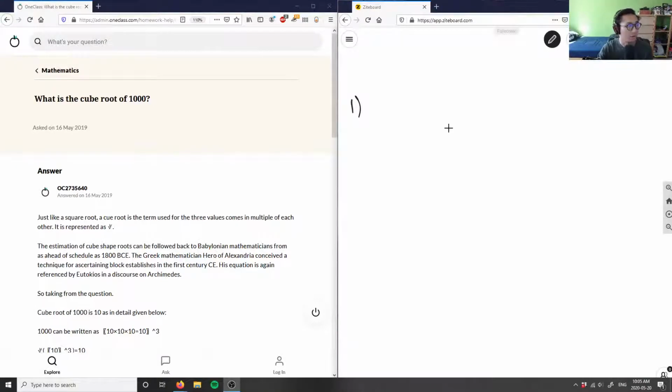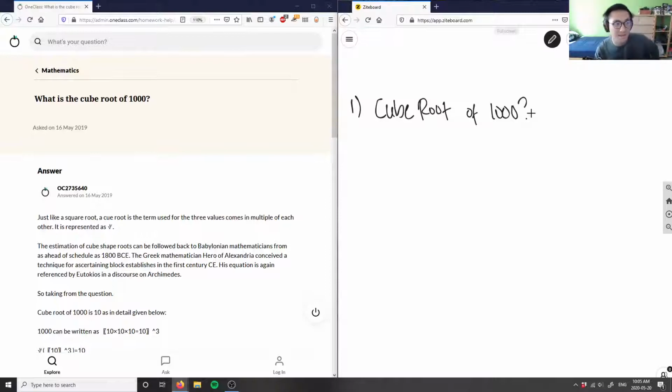All right, so our first question of the day is: what is the cube root of 1,000? I want the cube root of 1,000.